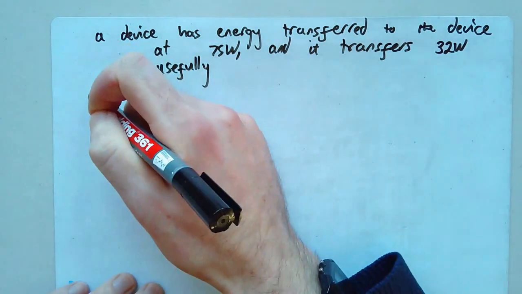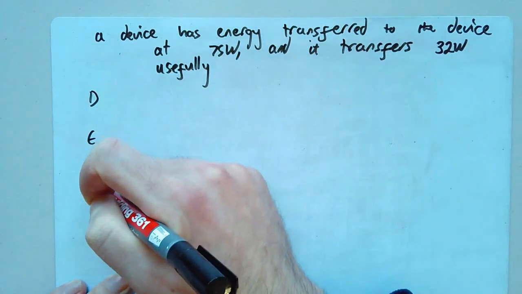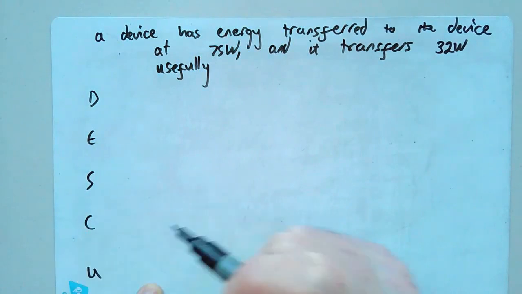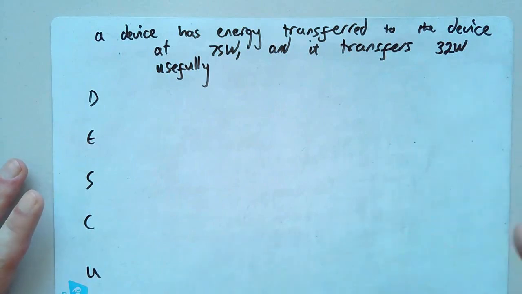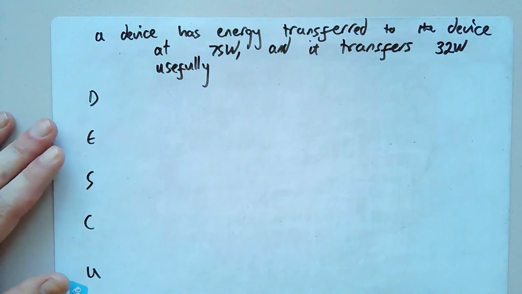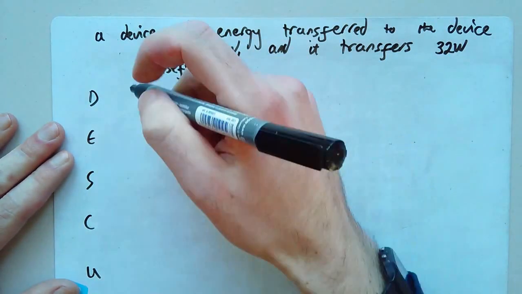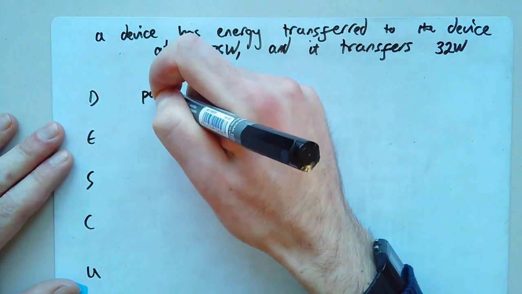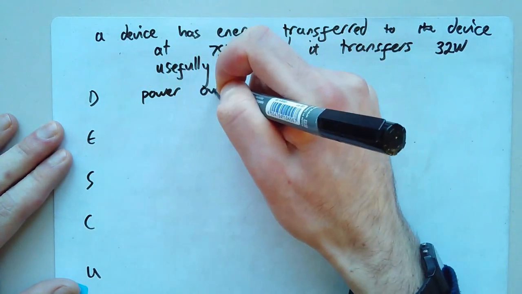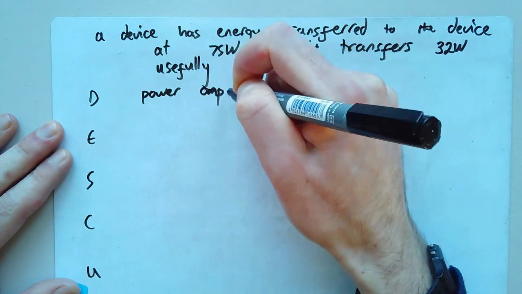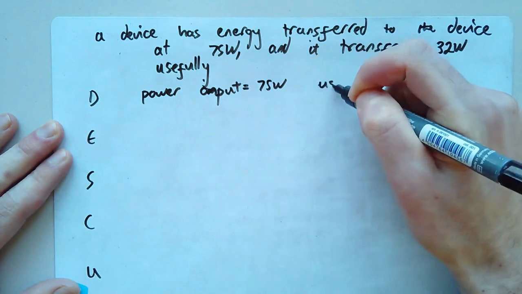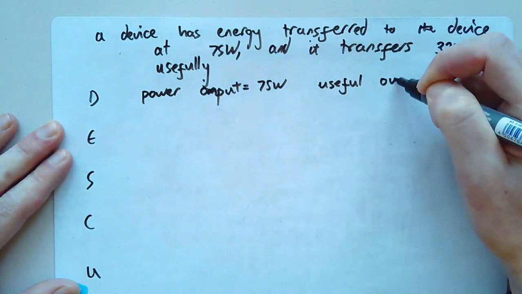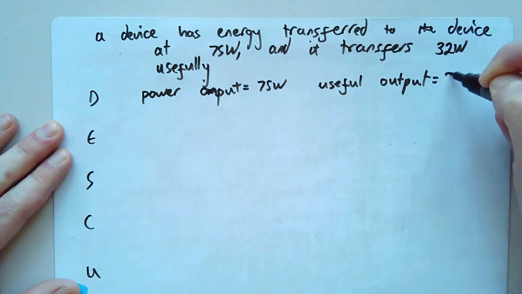Again, I use the same method that I always use, which is the DESCU method. The D is the data. I'm not going to write the whole total input power, so I'll just write power input, which is 75 watts, and useful output equals 32 watts.